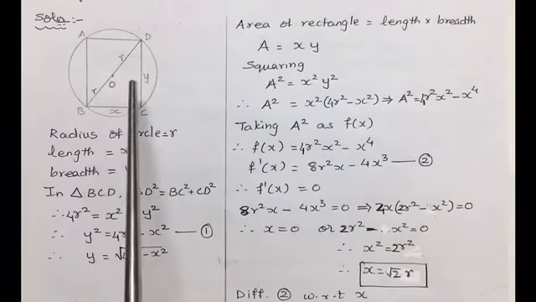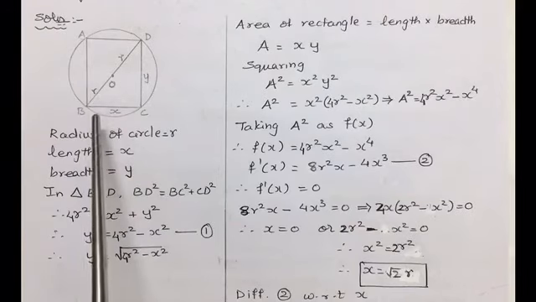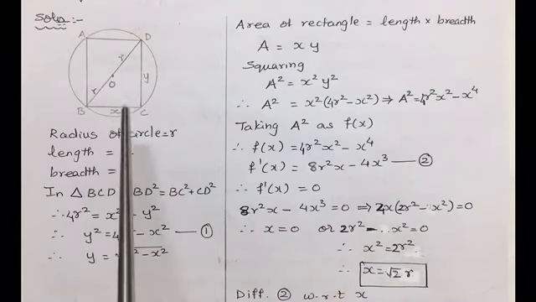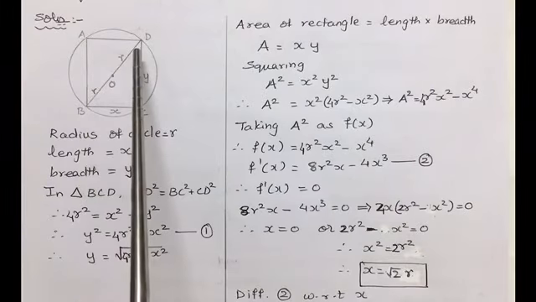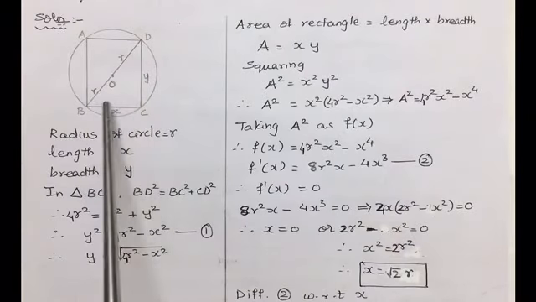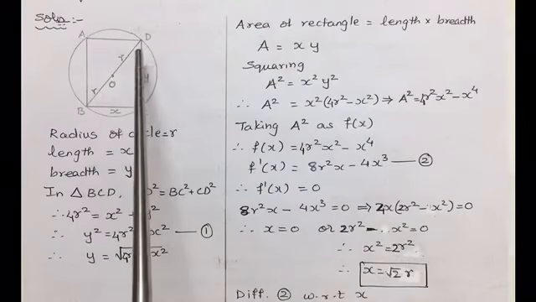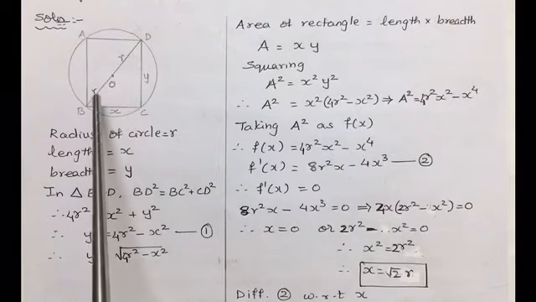Now to find the relation between x, y and r. r is the radius of the circle, which is fixed. Taking up that rectangle, one of the triangles as BCD, joining the diagonal BD of the rectangle.